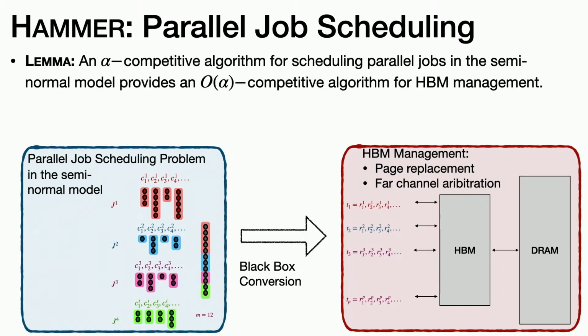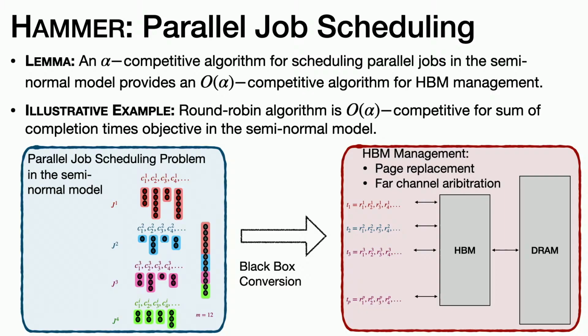So in particular, if you figured out an alpha competitive algorithm in this model, then you get an alpha competitive algorithm for HBM in a black box conversion. And just to argue that this model is weird but not too weird, we show that a standard algorithm for mean completion time, which is round robin, is also good in this model.